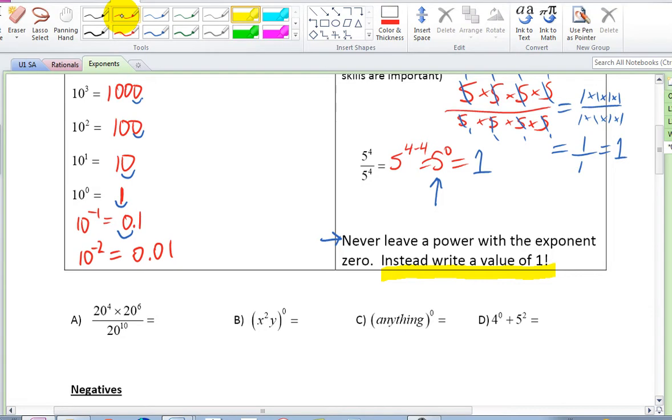So let's try these right here. For A, please simplify it. So give me an answer on the top and on the bottom. Then tell me what the exponent equals, and then the final value. Okay, so the first step is just to simplify that, please. By showing your work now, all you need to do is to change your exponent to what it should be. Okay, 20 to the exponent what? Brianna, what do you think?